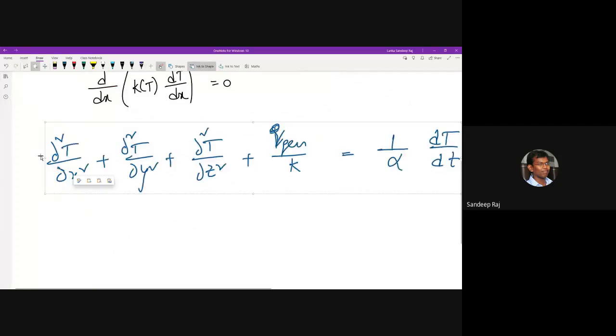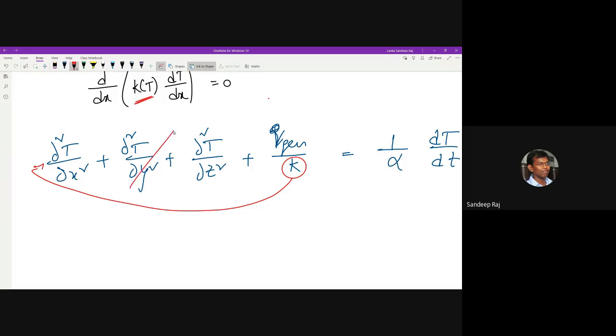This is my equation actually. In this equation, I considered k constant, so I took it out and multiplied it. But this k will not be here. This k will be inside the derivative.